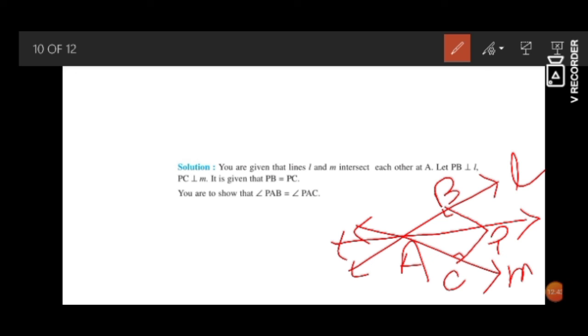First we need to write the given. L and M intersect each other at the point A. Let PB be the perpendicular on L and PC be the perpendicular on M. It is given that P is equidistant, so PB and PC are equal. We need to show angle PAB is equal to angle PAC.